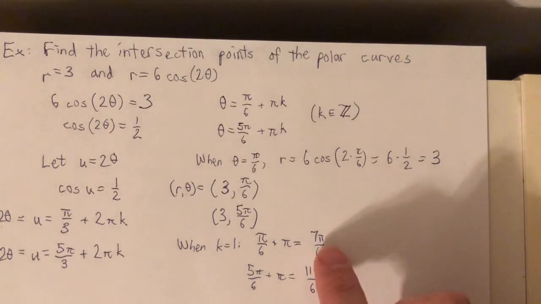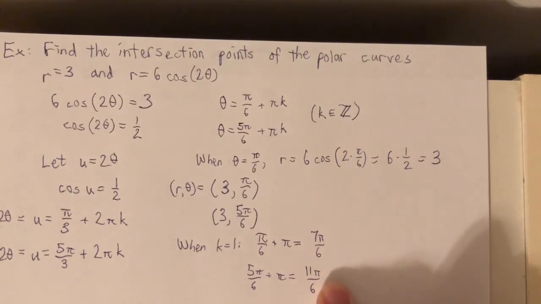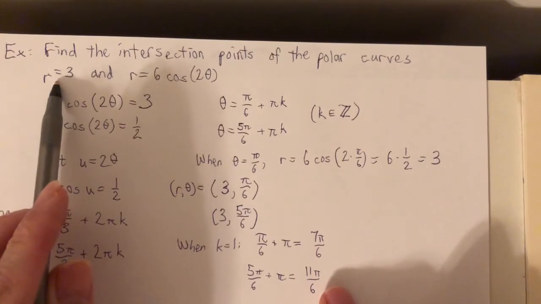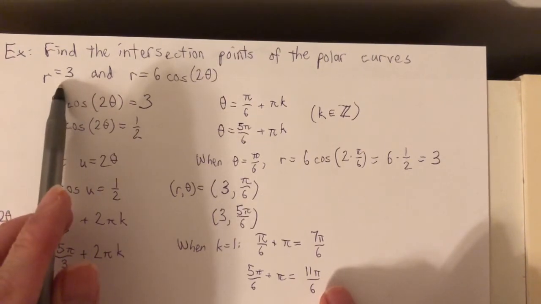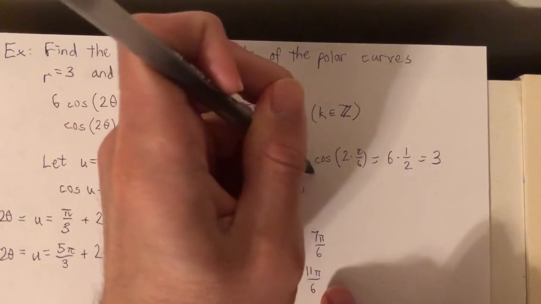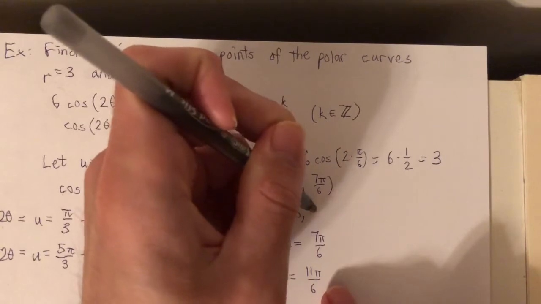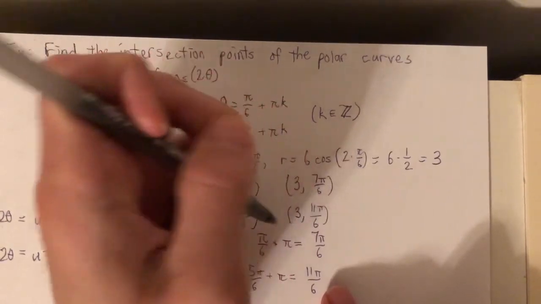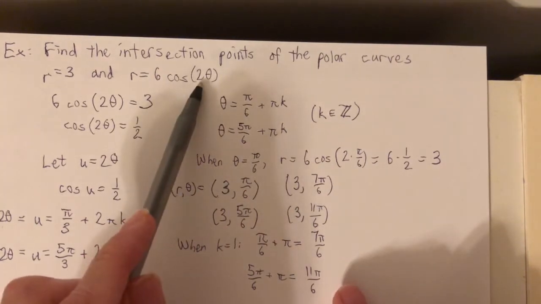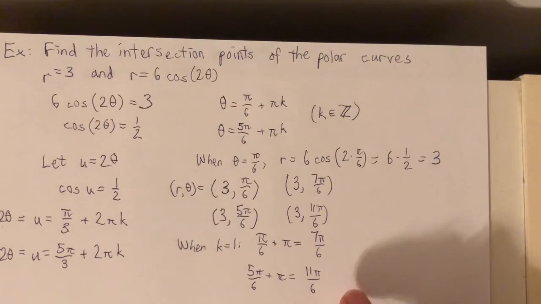So I'm going to get 2 more intersection points here. So these are my angles theta. And I know that if I look at my first equation, r equals 3, that's going to happen for any intersection point. So I'm going to get 3 comma 7 pi over 6 and 3 comma 11 pi over 6. And of course you can always plug 7 pi over 6 and 11 pi over 6 in here, and you should get r equals 3.